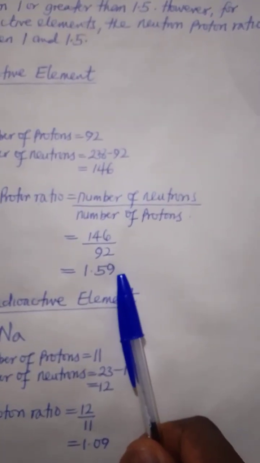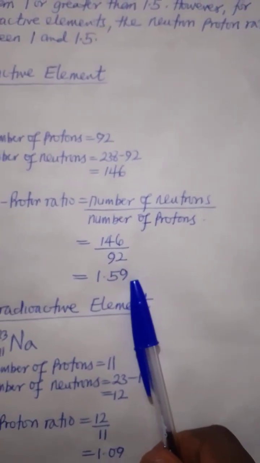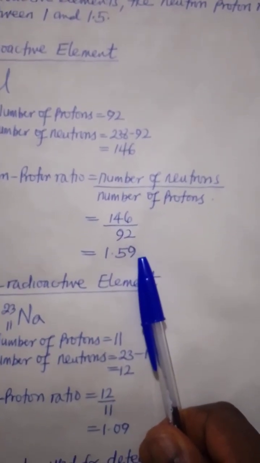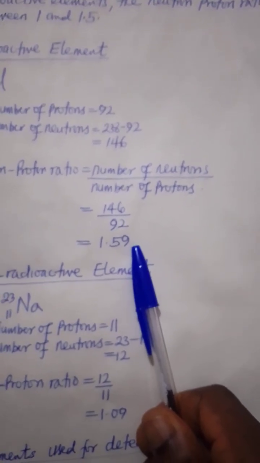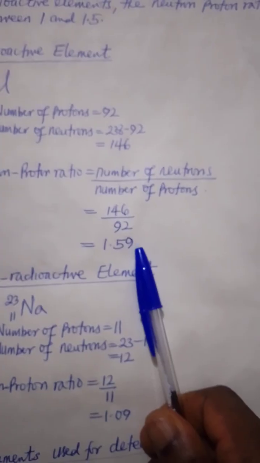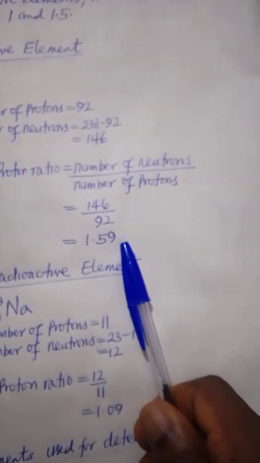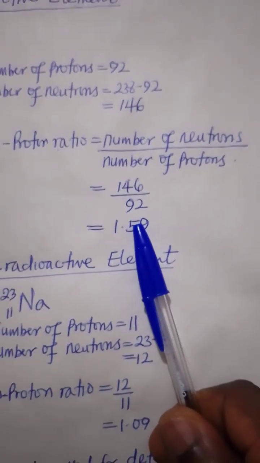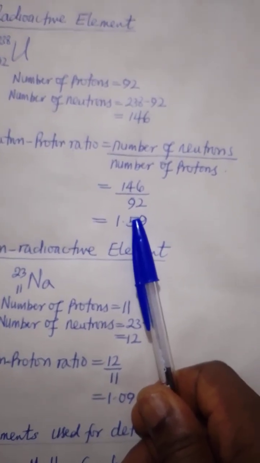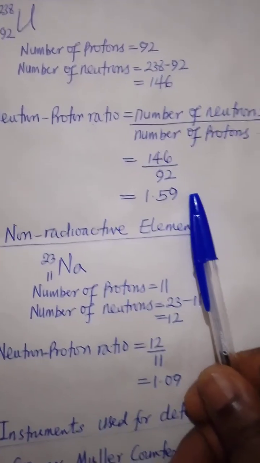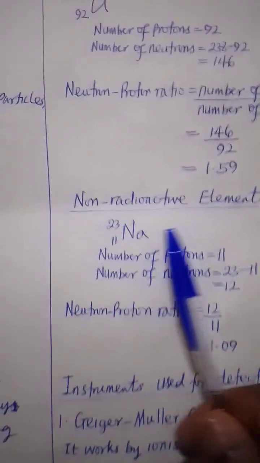Remember, we said for an atomic nucleus that is not stable, the neutron-proton ratio is either less than 1 or greater than 1.5. This value here is greater than 1.5, so it means that the atomic nucleus is unstable. So it means that uranium is a radioactive element.